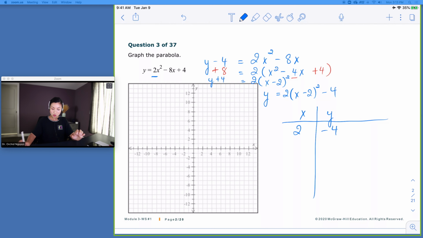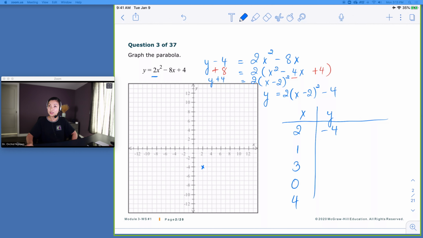All right, so let's just put 2 and negative 8 in right here. And once again, you pick left and right of the vertex. So I'm going to pick 1, 3, 0, 4. And then we just use those points and plug them in for y.